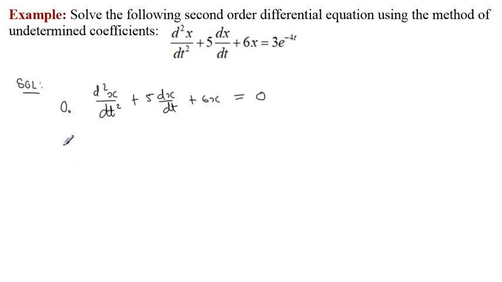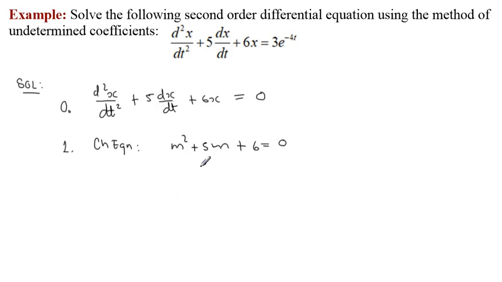So the next step, in this case, is going to be m squared plus 5m plus 6 equals 0.